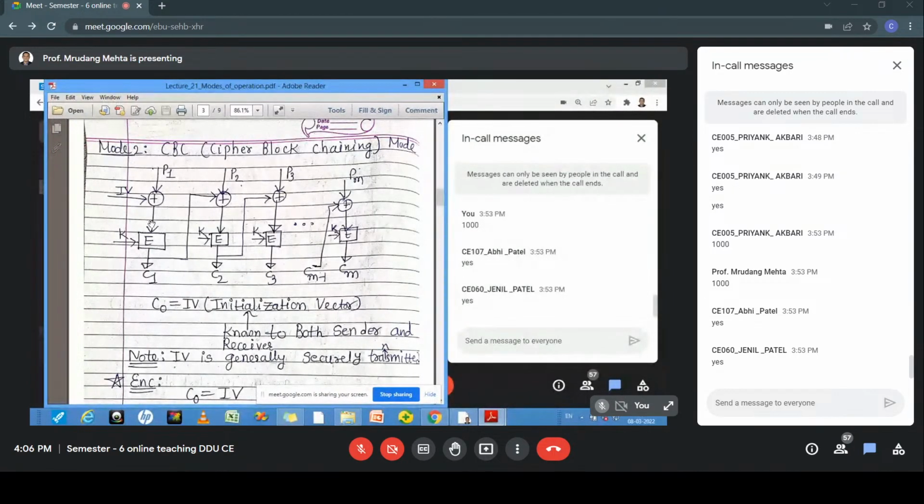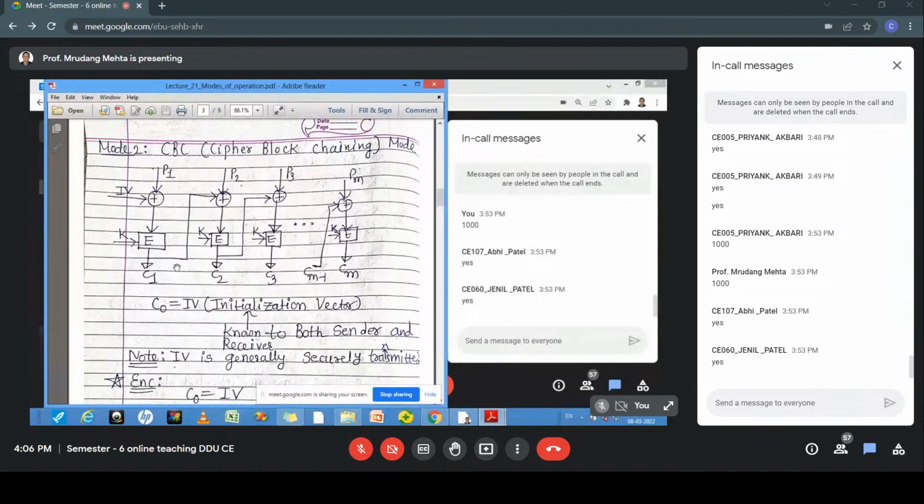So this output, P1 XOR initialization vector, is encrypted with the key, and then C1 is generated. That is ciphertext block 1.